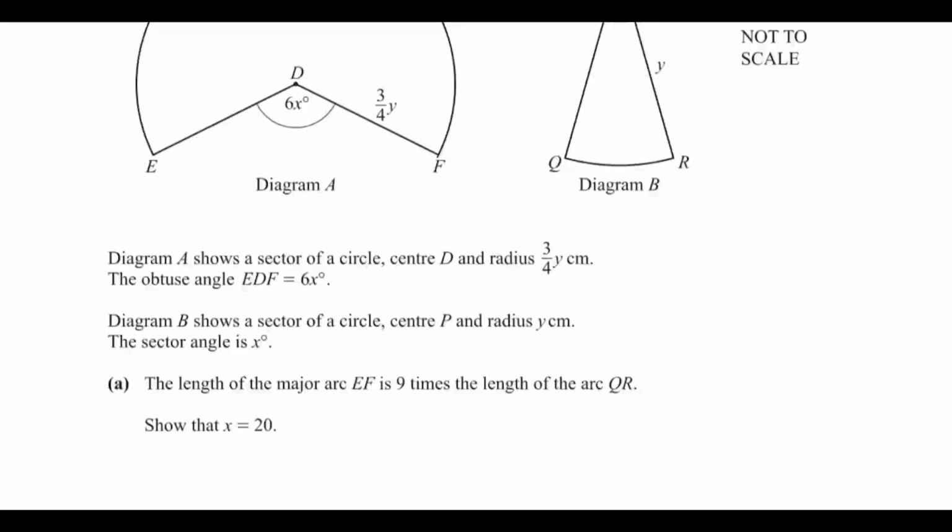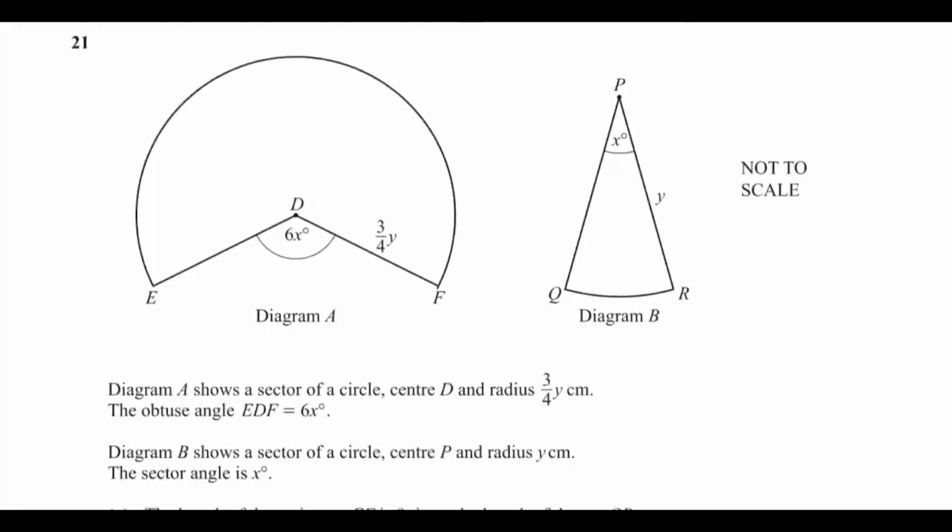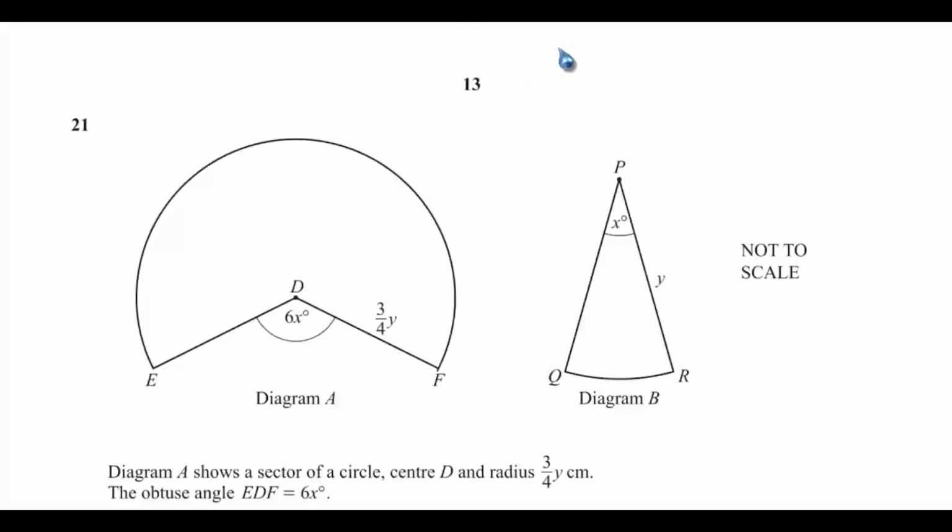So let's start with the formula for the length of an arc. The length of an arc L is given as theta over 360 times 2 pi r. So for the major arc EF now, this is the angle we need here.